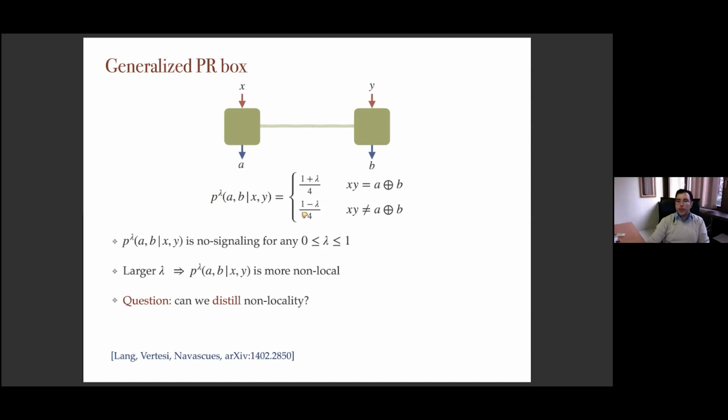It's the same distribution that I considered before. For example, if X and Y are 0, it's exactly the distribution that I had before. And by the same kind of reasoning, it's again a no signaling box for any choice of lambda. Okay. In particular, for lambda equal to 1, it's the perfect PR box that I had before.